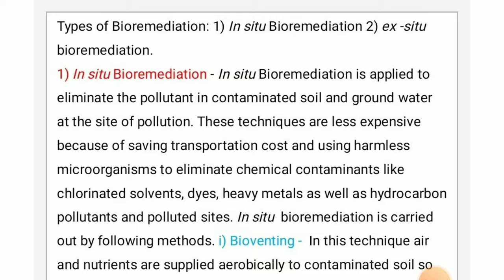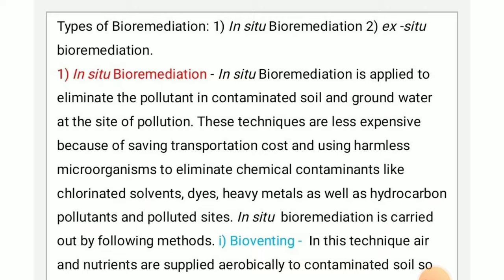It means that the pollutants present as they are in the groundwater or in the soil, and the particular policies or parameters applied to remediate that groundwater as well as that soil, are called in situ bioremediation.